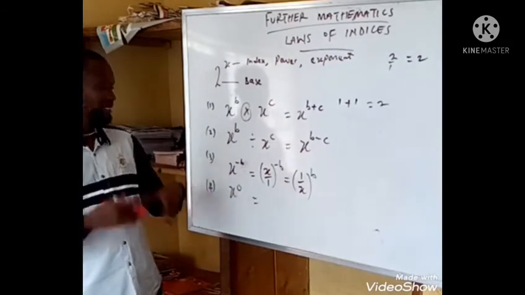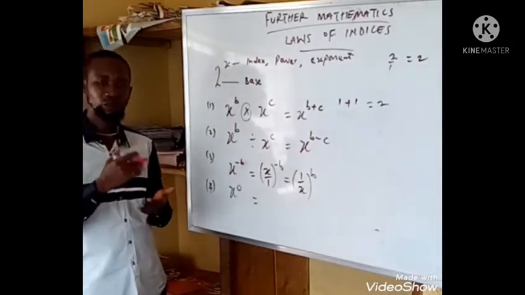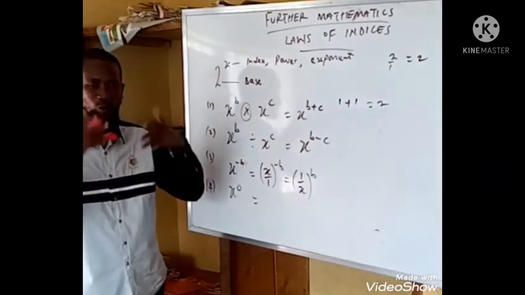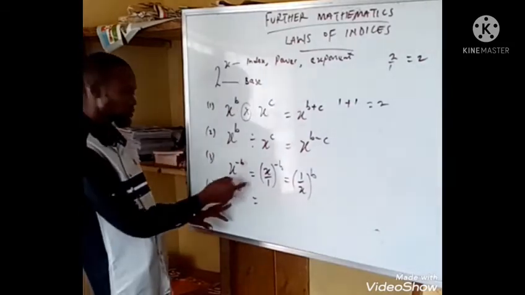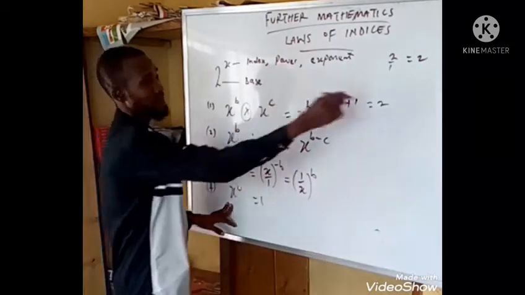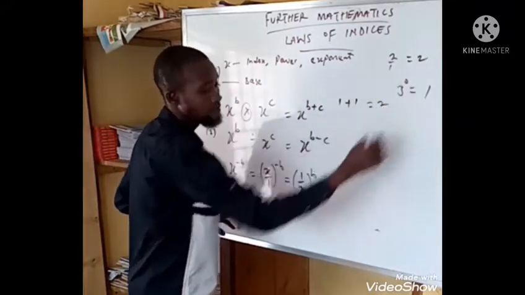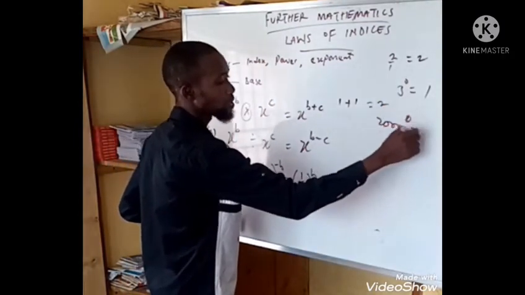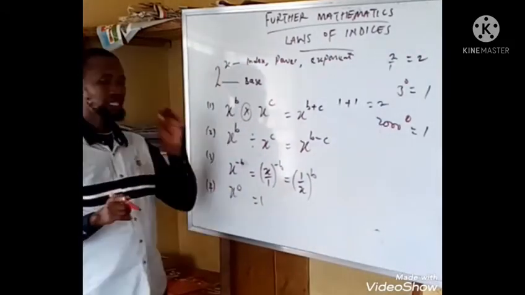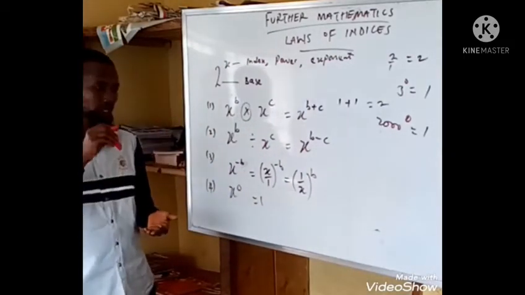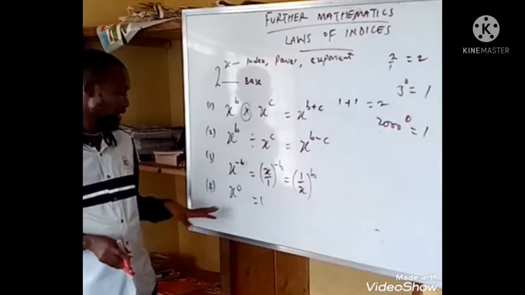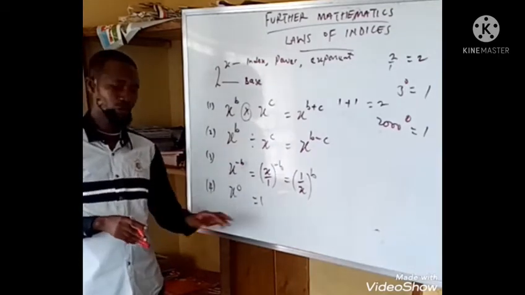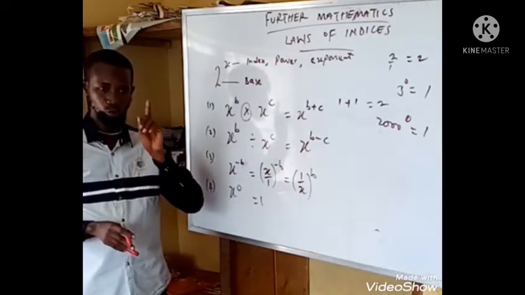Whatever at all that has the power of 0, its equivalent is 1. So x raised to power 0 is 1. Likewise, if I have 3 raised to power 0, the value will be what? 1. 2000 raised to power 0 also has the value of 1. So it is a fact, and the fact has to be taken just like that. So anything that has the power of 0 is equal to what? It is equal to 1.